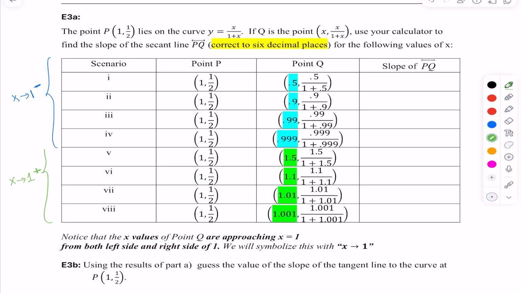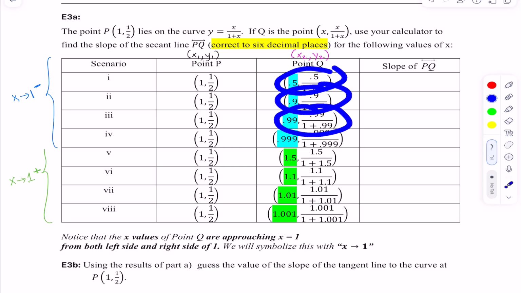And this time we are just going to compute the slope formula just like you did in algebra class. Just realize that this first point P is going to be x1 comma y1, and that is fixed. And then point Q is going to be x sub 2, y sub 2. So notice your point Q is different every single time.